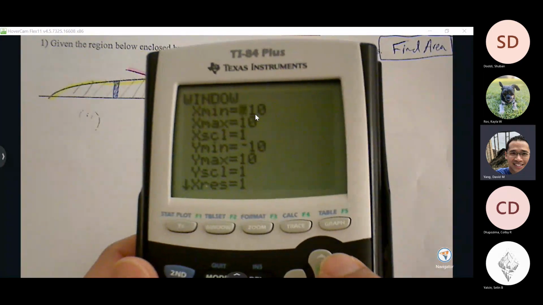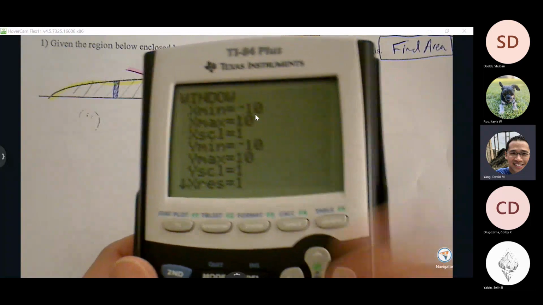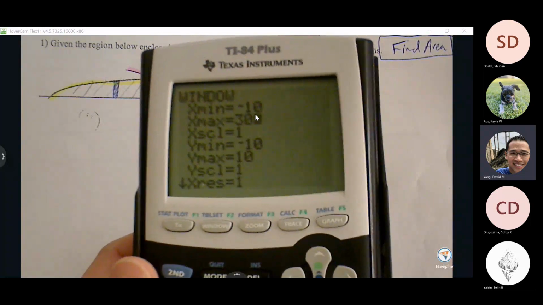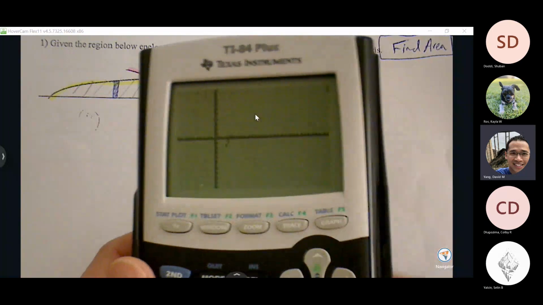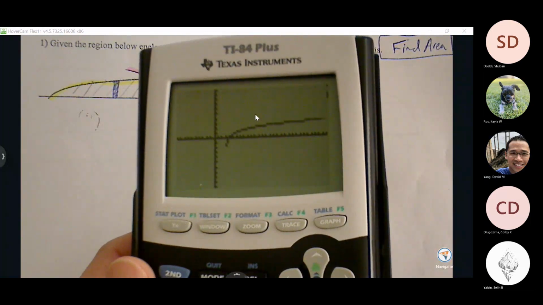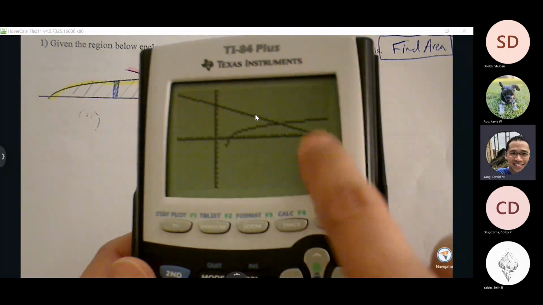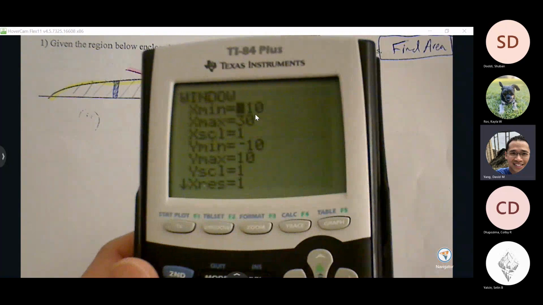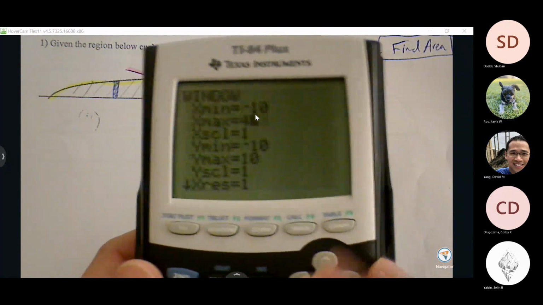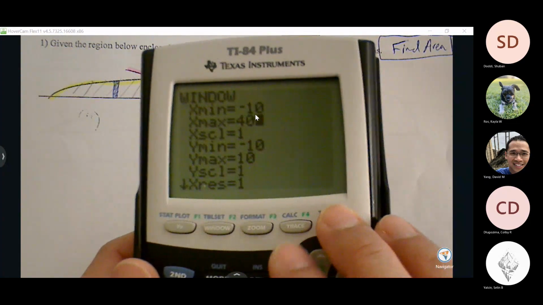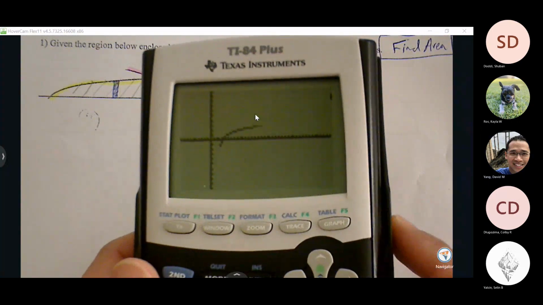I want the graph to go further right, so I can just push this X-max, choose a larger number here, choose 30, for instance, graph again. Okay, so we see the x-intercept there. I want to push it out even further, so I can clearly see.